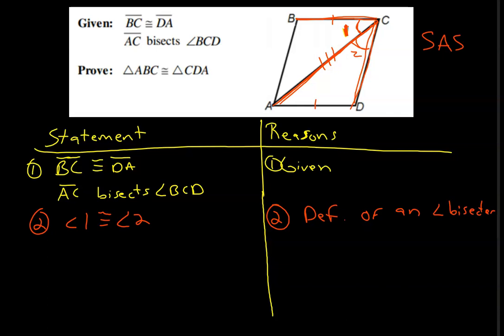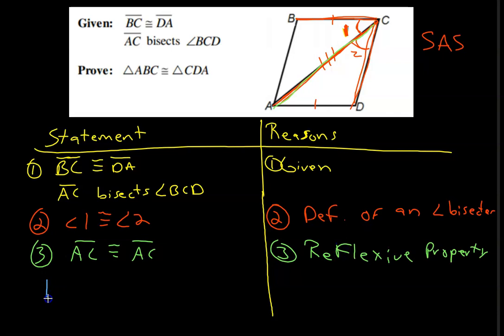Another thing that I knew without them telling us was that AC was congruent to itself. So let's say that in our proof. Segment AC is congruent to segment AC. And the reason for that is reflexive property.